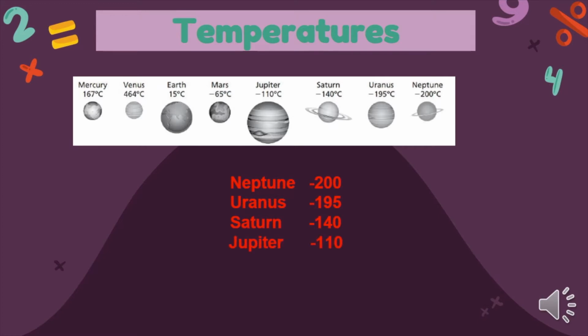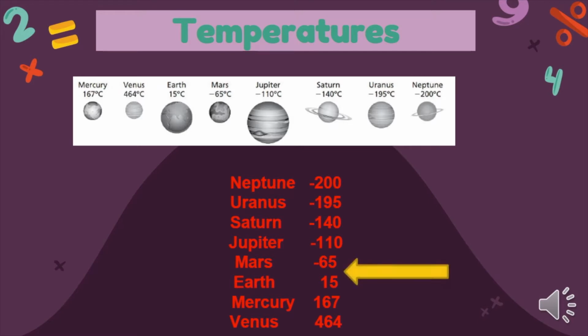Jupiter is negative 110. Mars is negative 65. Earth is 15. Now we're getting into the positive numbers. Mercury is 167. And Venus is 464. So we just put the numbers in order from coldest to warmest.